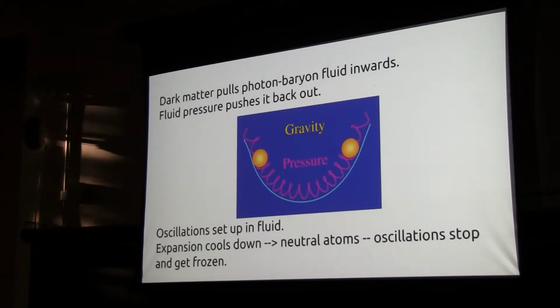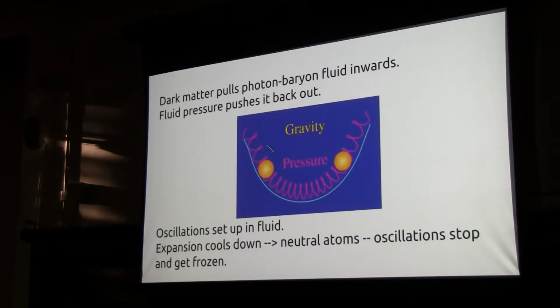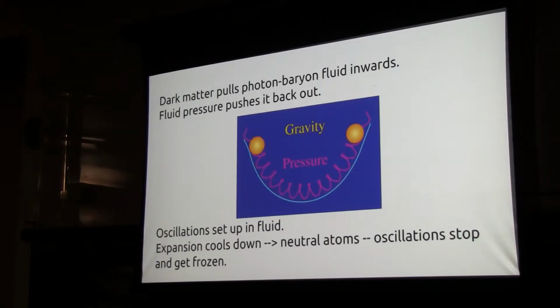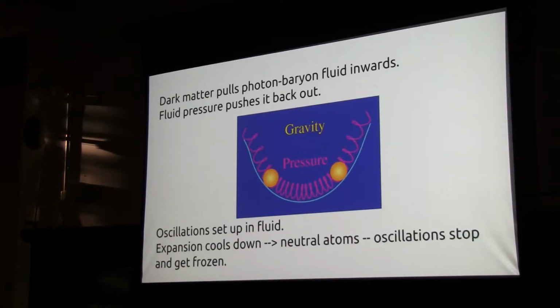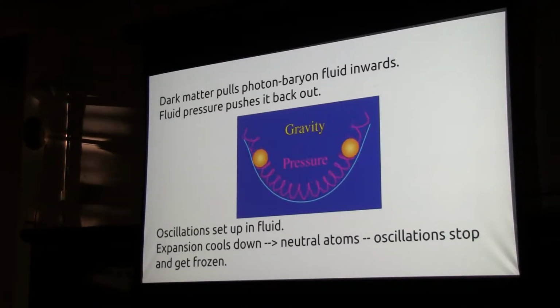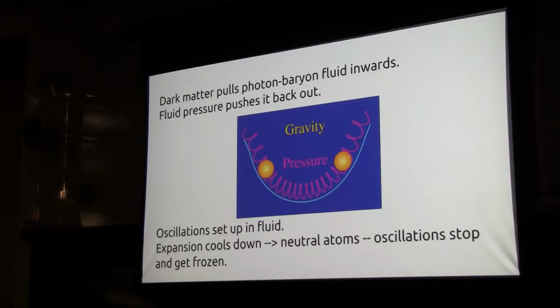What happens inside this soup of baryons, dark matter, and photons is that the dark matter, because it's so heavy, makes large regions of concentrated dark matter that things just fall into. Because there's so much matter in this region, it attracts everything into it. So if you imagine a large concentration of dark matter in this region, it pulls in all of the other stuff, the baryons and the photons.